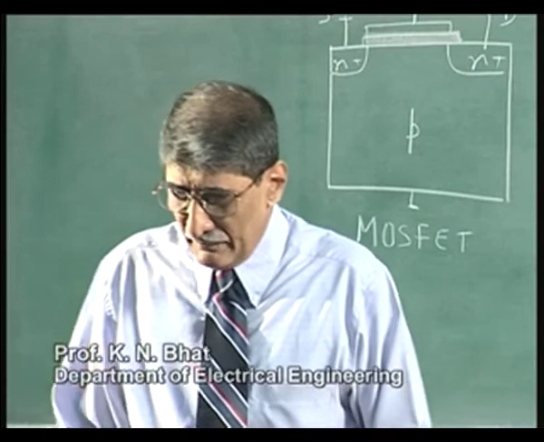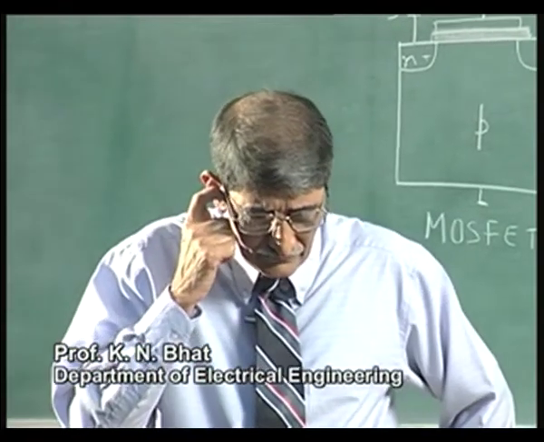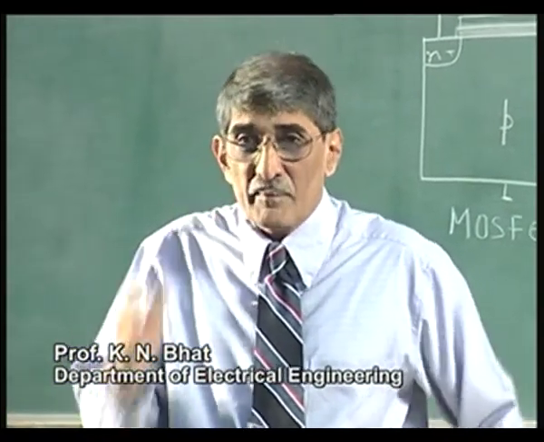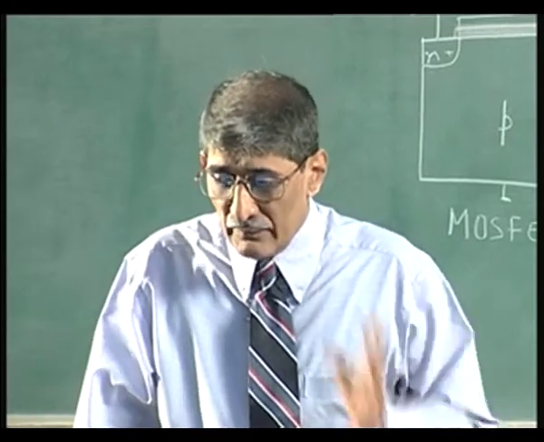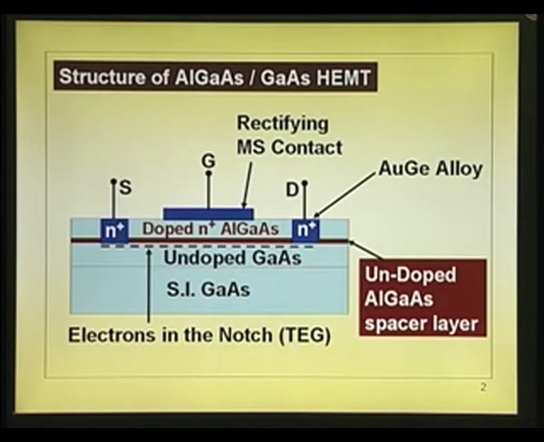Okay, so we have been discussing the high electron mobility transistor with AlGaAs/GaAs structure, because this is the most popular structure because of the ability to have AlGaAs on GaAs.